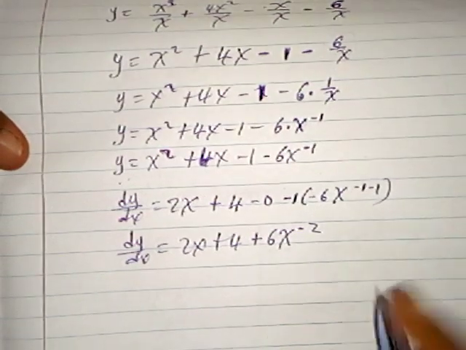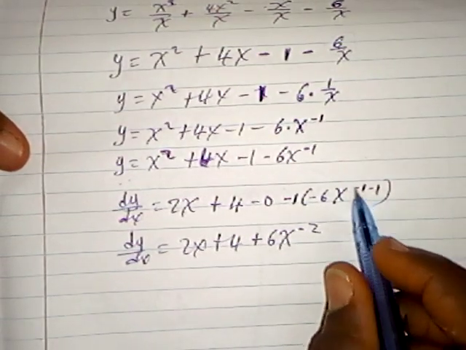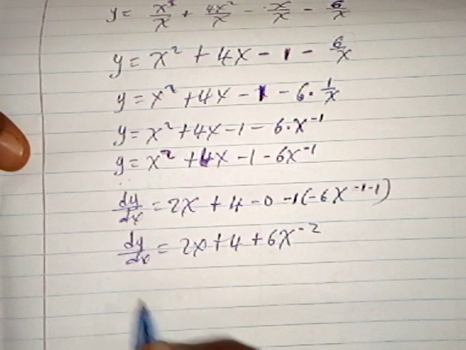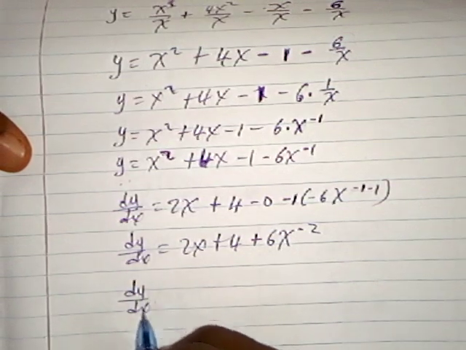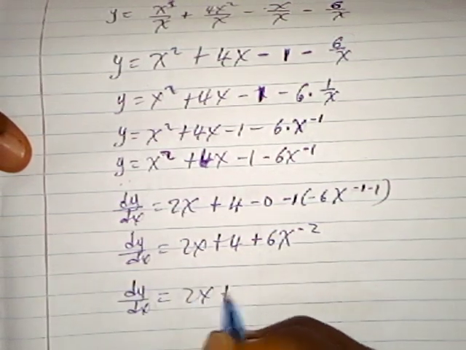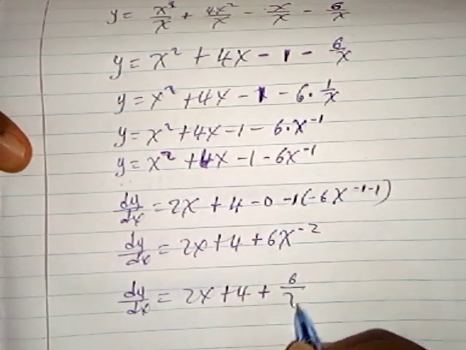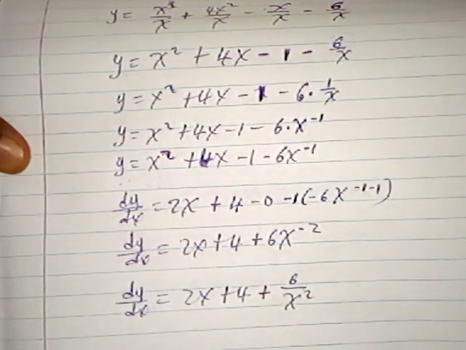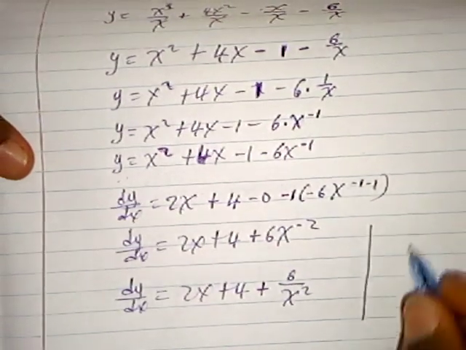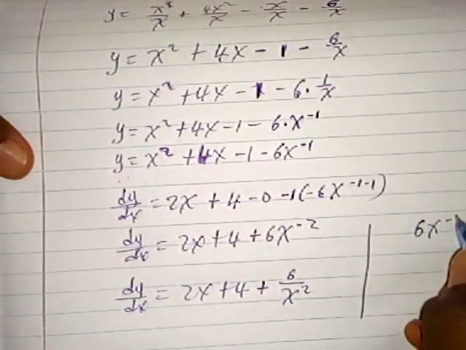That's how we go about it. Minus 1 minus 1 is minus 2. So the first derivative, dy upon dx, equals 2x plus 4 plus 6x to the power minus 2.